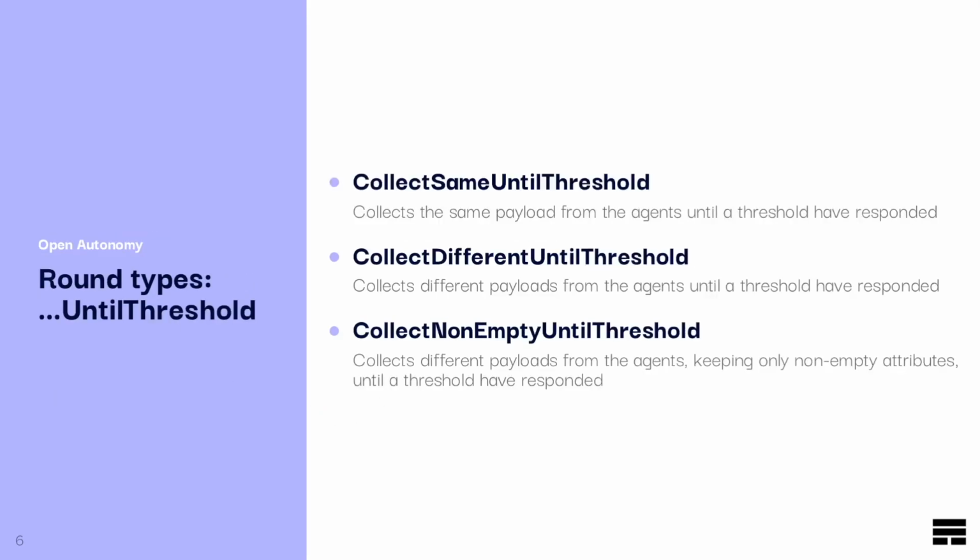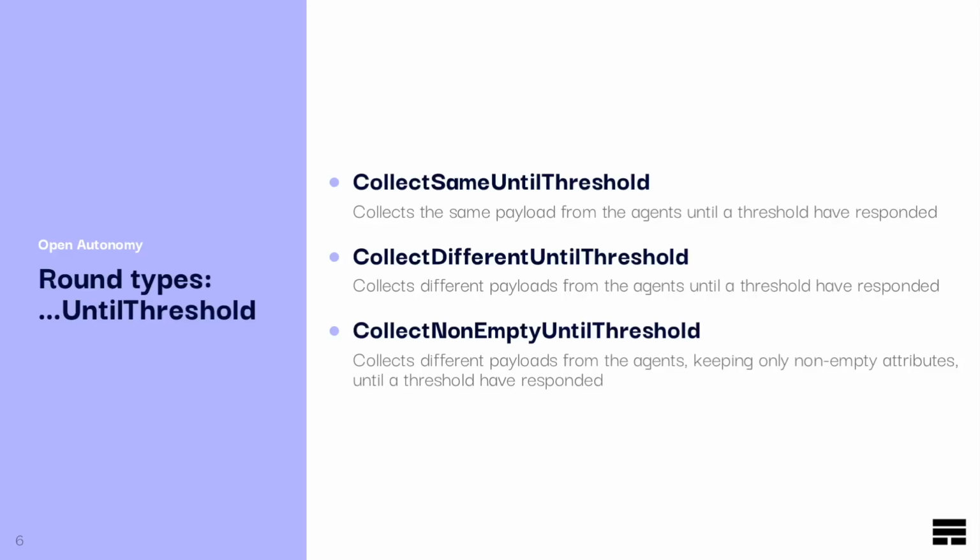The next set of rounds that we are reviewing are rounds that wait until a threshold of agents have responded. That is, they don't need to wait until all of the agents have responded. This threshold is typically set to 2/3 of the number of agents composing the service.